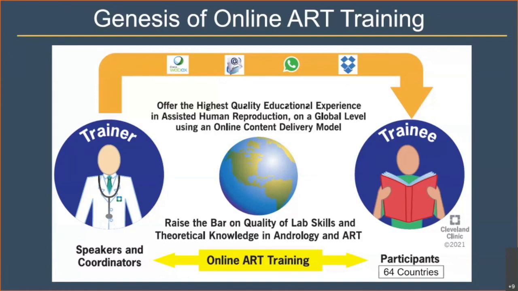And we wanted to make sure that it is free, so anybody who's interested in this field is able to join. There is no fee. Our aspiration is to raise the bar on quality of lab skills and theoretical knowledge in the fields of andrology, embryology, and overall assisted reproduction.